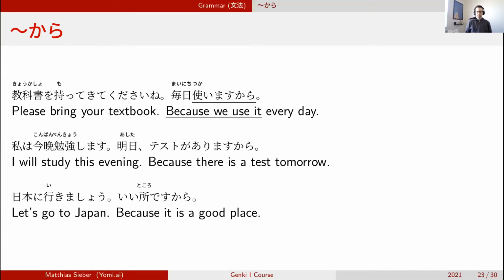Got it. Okay. はい。2番、あの映画を見ません。I will not watch that movie.